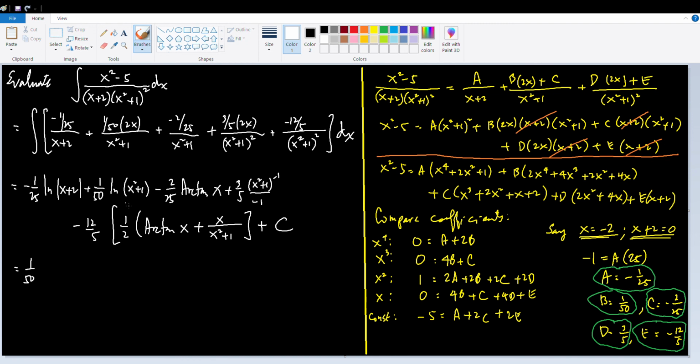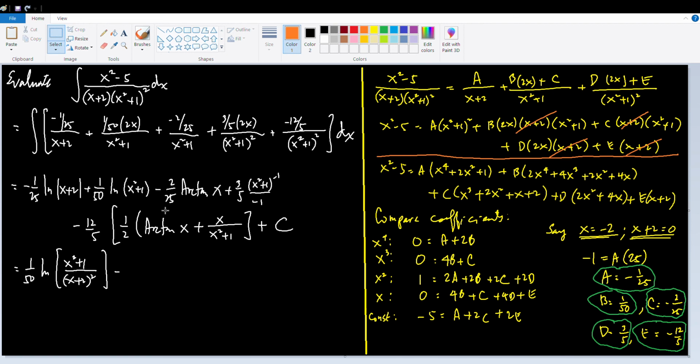For the first two terms, it becomes ln of x squared plus 1 over x plus 2 squared, since 50 divided by 25 is 2 and the negative puts it in the denominator. Then minus 2 over 25 arctangent. Let us combine these two arctangent terms.